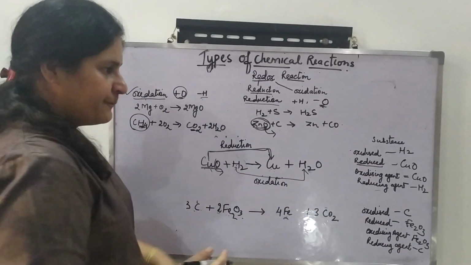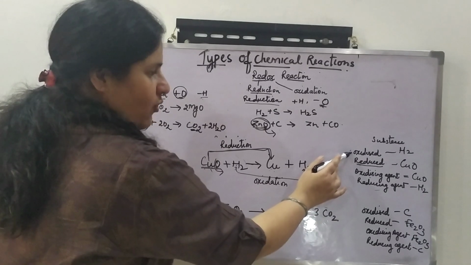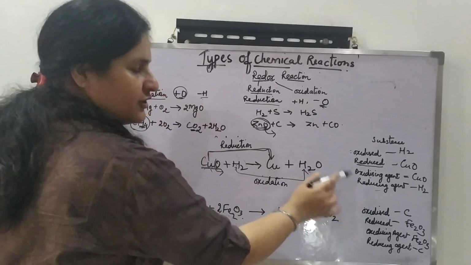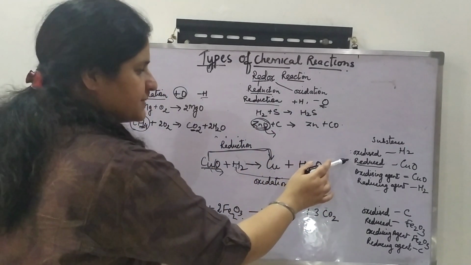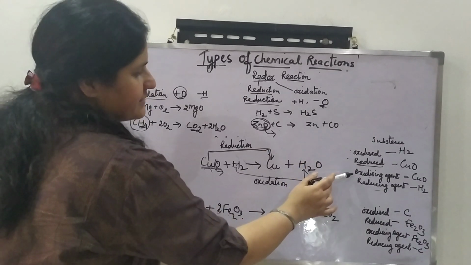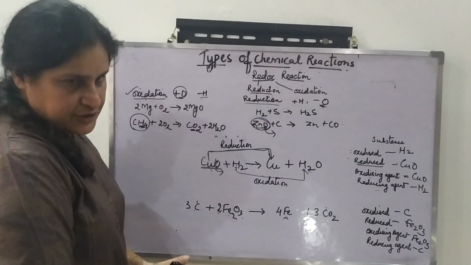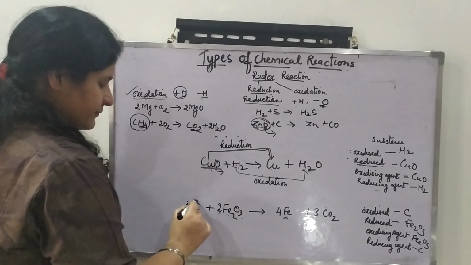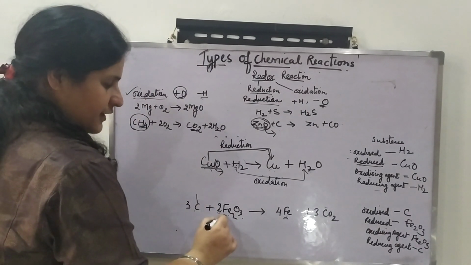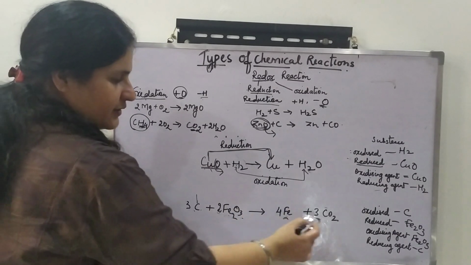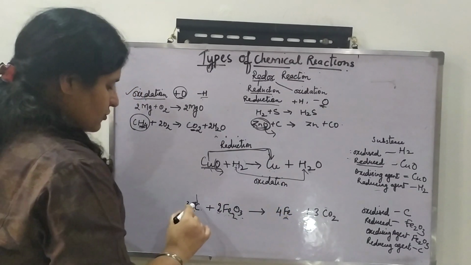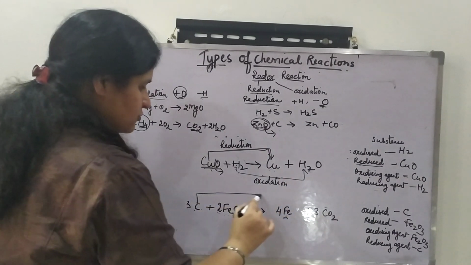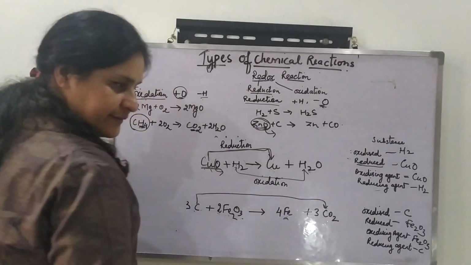So remember children, the substance that gets oxidized acts as a reducing agent and the substance that gets reduced acts as an oxidizing agent. Now in this example, carbon reacts with ferric oxide and forms iron and carbon dioxide. Carbon is changing to carbon dioxide, right?